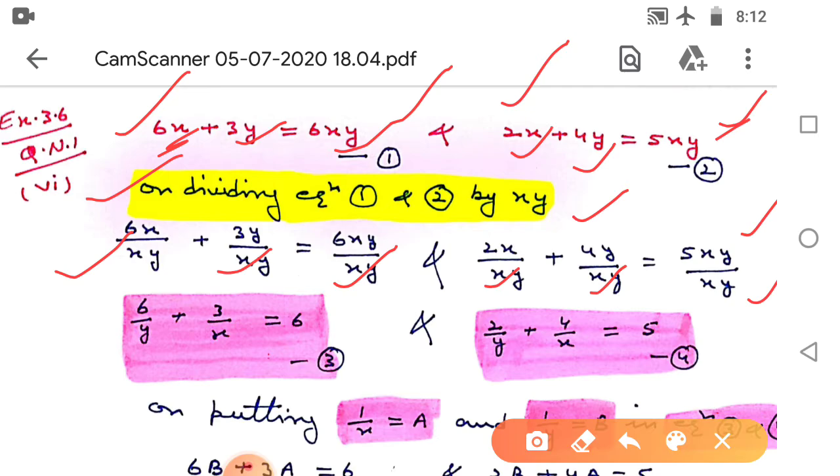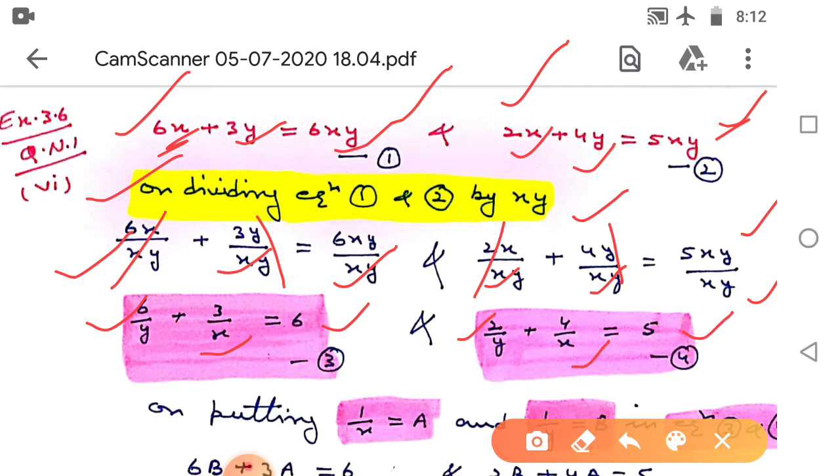Dividing equation 1 and 2 by xy, both sides, left hand side and right hand side. Now x gone, here y gone, x, y. So we are left with 6 upon y plus 3 upon x is equal to 6, and 2 upon y plus 4 upon x is equal to 5.